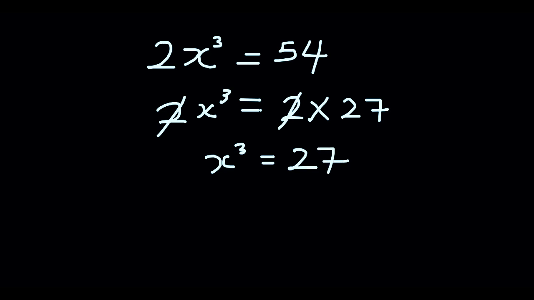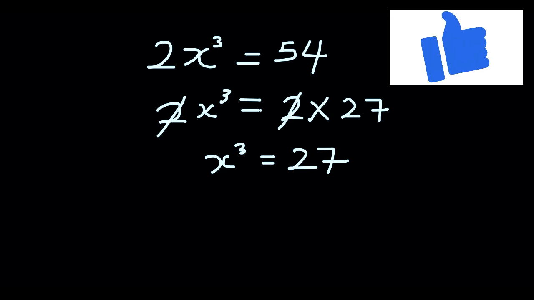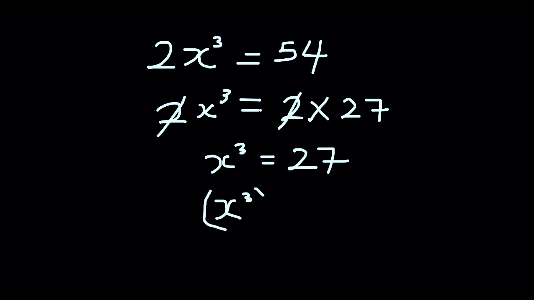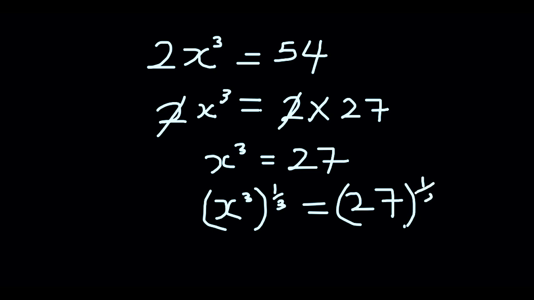This can then be written as, taking the cube roots of both sides, we have x power 3 into bracket power 1 over 3, which equals 27, also into bracket power 1 over 3. So this 3 cancels this 3.